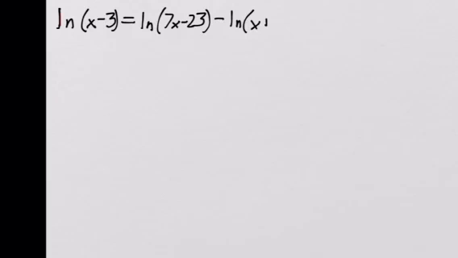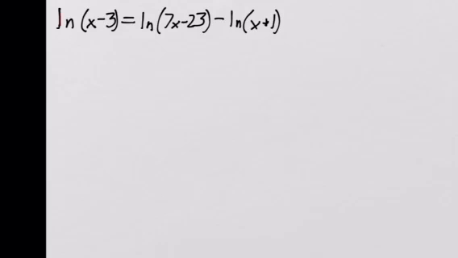ln of x minus 3 is equal to ln of 7x minus 23 minus ln of x plus 1.